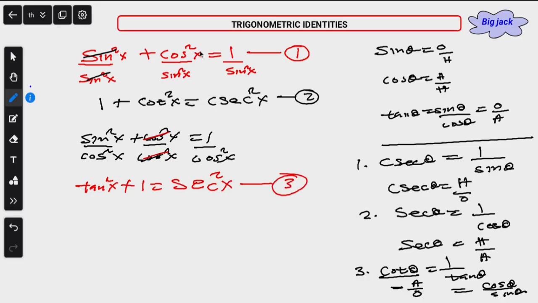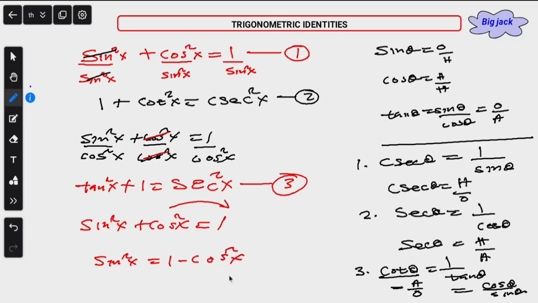So all these identities, you need to know them. But there are also applications that you need to know, like this one here. If you have sine squared x plus cos squared x is equal to 1, you can also find what sine squared x is by taking this one to the other side. Then we are going to have sine squared x being equal to 1 minus cos squared x.